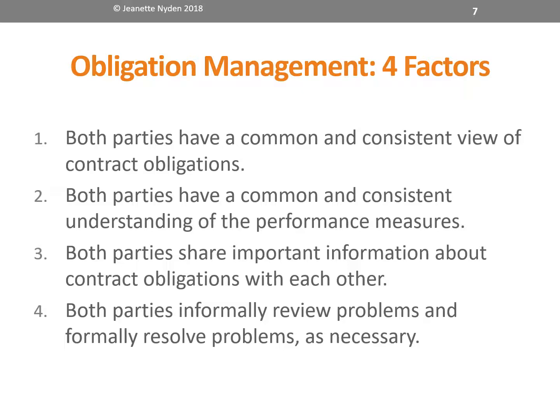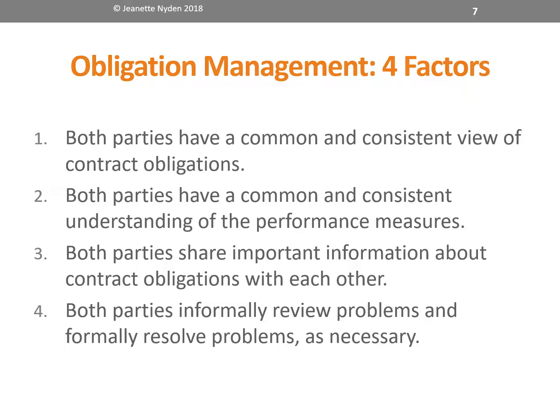2, both parties have a common and consistent understanding of the performance measures. Key performance indicators, service level agreements, service level obligations, they come under many names. 3, both parties share important information about contract obligations with each other.